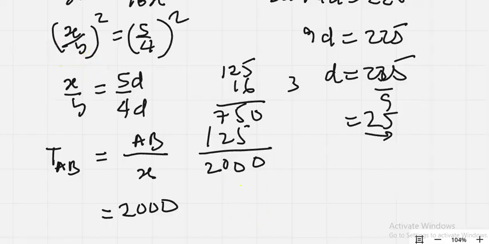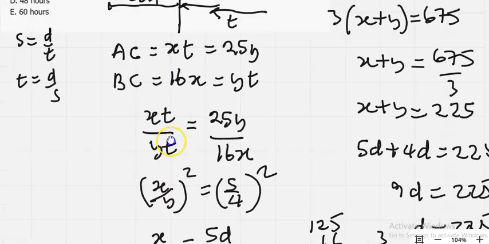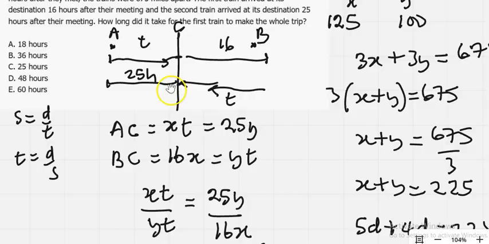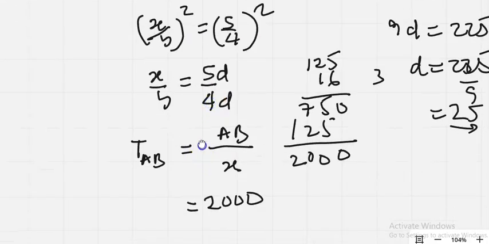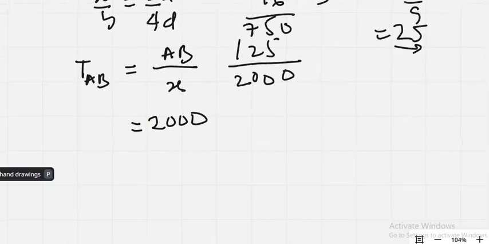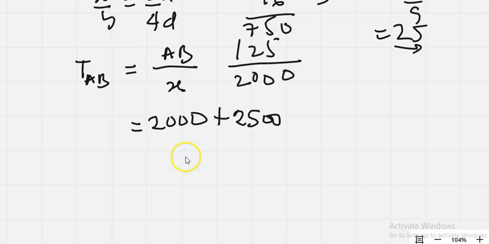And then for the second part of the distance, from here to here, it took B 25 hours. So 25 times 100, speed times time, would give us 2,500. So everything over 125.